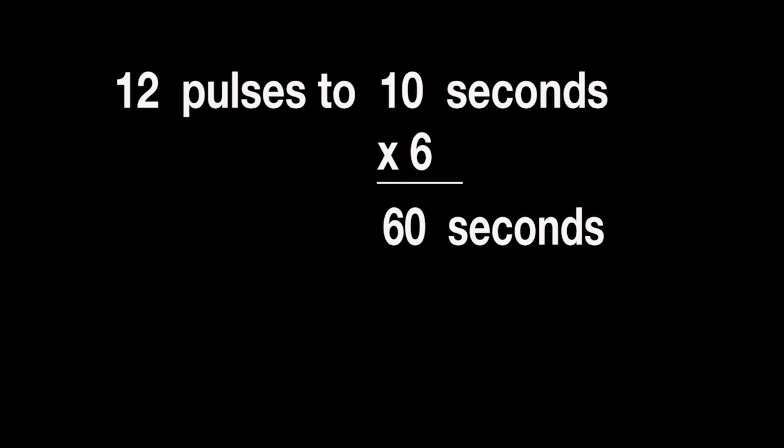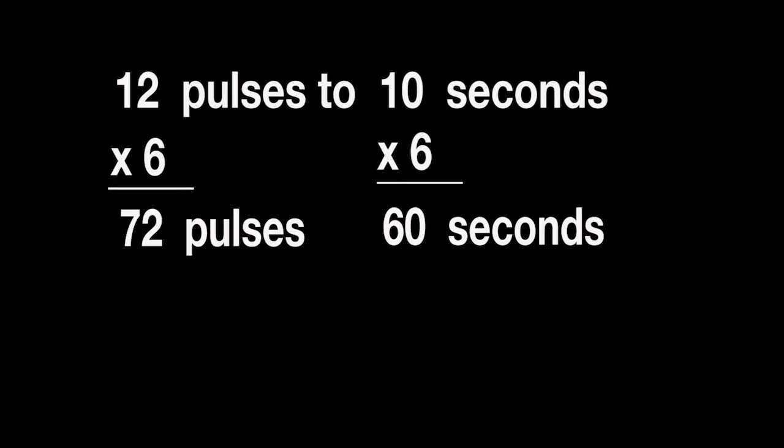We know there are 60 seconds in 1 minute, so we need to multiply 10 seconds times 6 to get 60 seconds, or 1 minute. We then also need to multiply the number of pulses, which is 12 times 6. The result is 72 pulses. Therefore, the unit rate is 72 pulses to 1 minute.